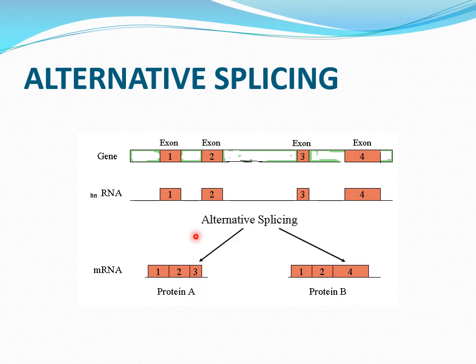However, if only 1, 2, and 4 become the part of the messenger RNA, they act as exons, and the other parts act as introns. So we will obtain completely another type of protein, that is protein B. So by alternative splicing also the expression of gene can be regulated in the eukaryotic cells.